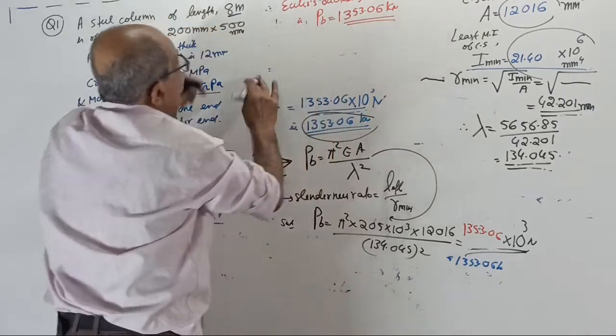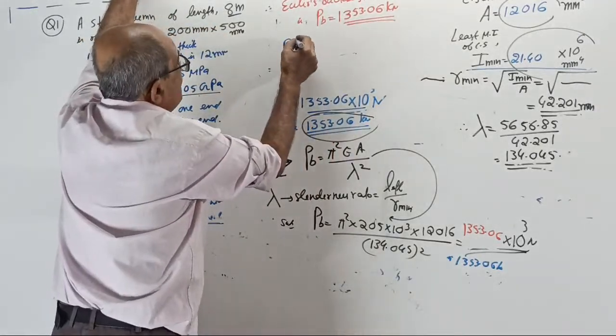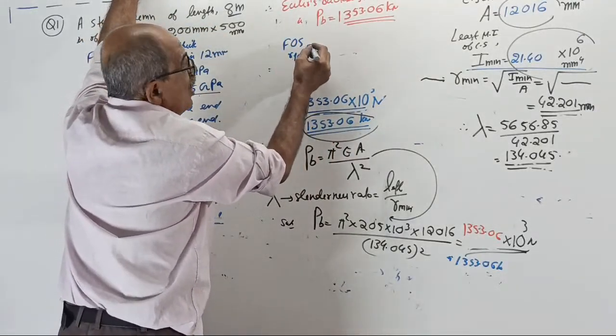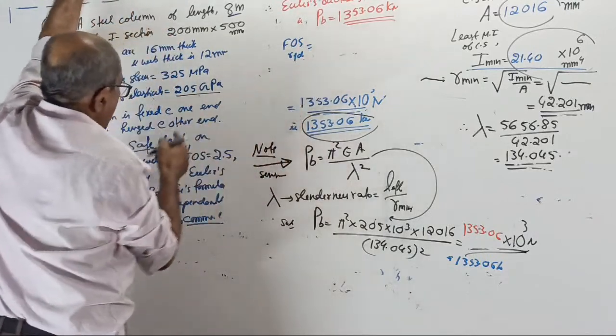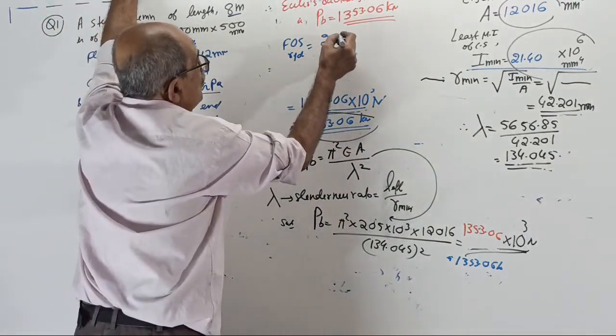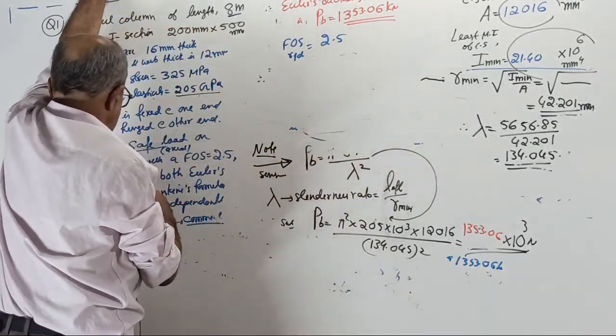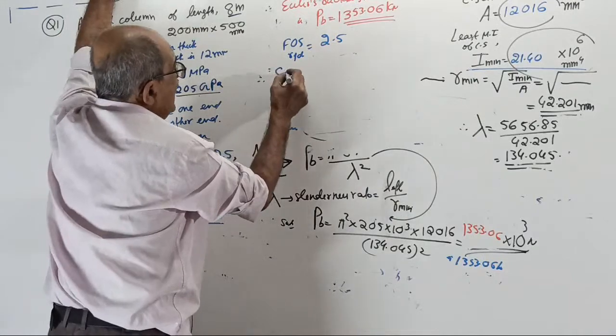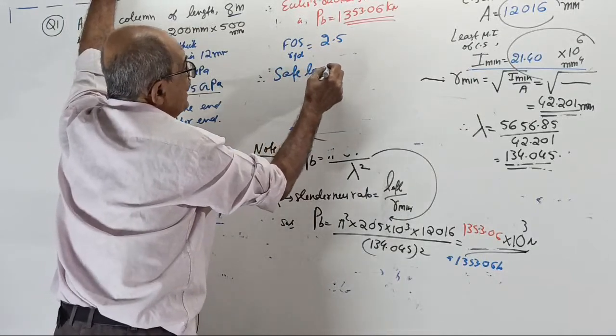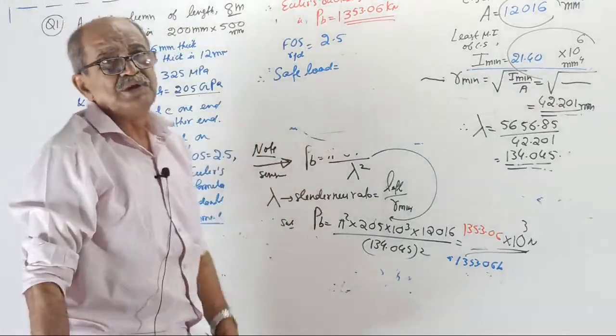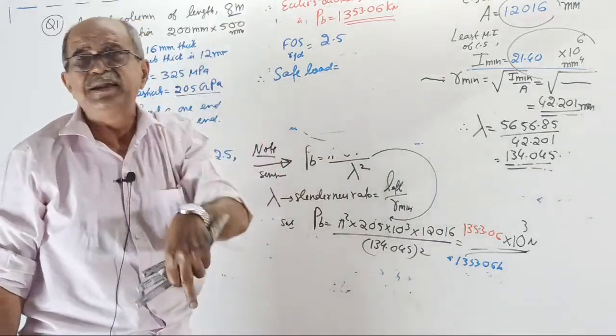Okay, now tell me the answer. Factor of safety required is how much I told? 2.5 as per the question. Therefore, tell what is the safe load. Safe load means how much load is practically permitted.